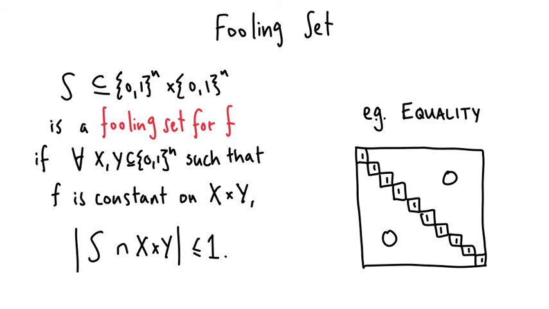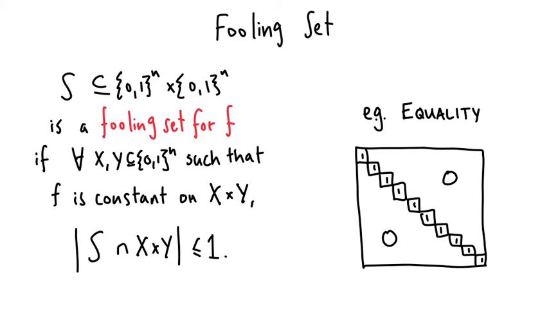If we look at the matrix representation of the equality function, sort of like this transcript matrix from before, but here it's just for the function itself, on the diagonal where x and y are equal we'll have 1, and everywhere else we're going to have 0. So here the diagonal is a fooling set.